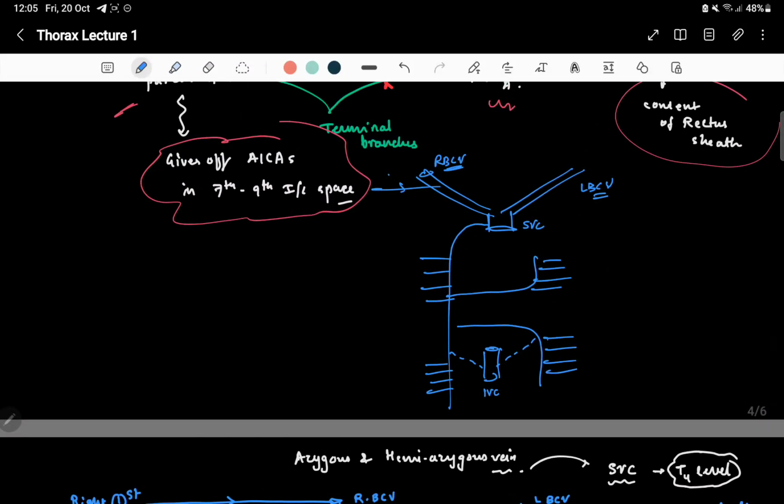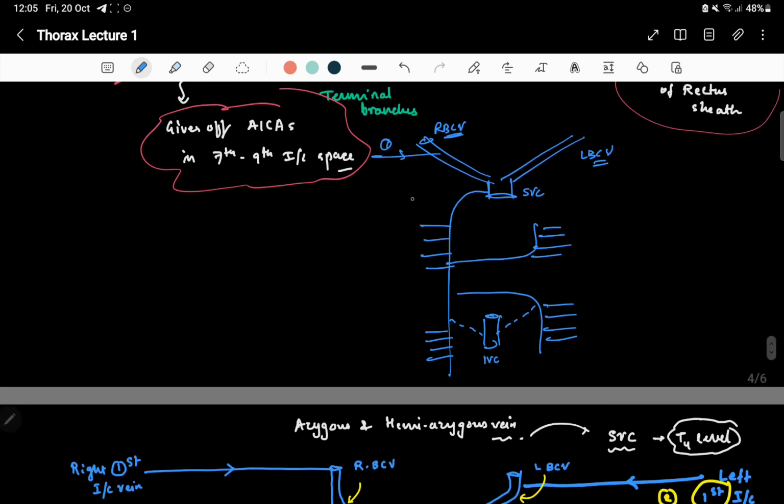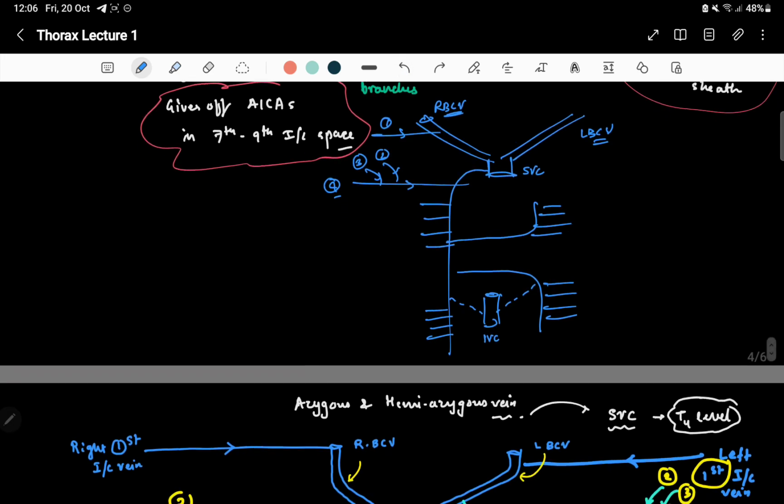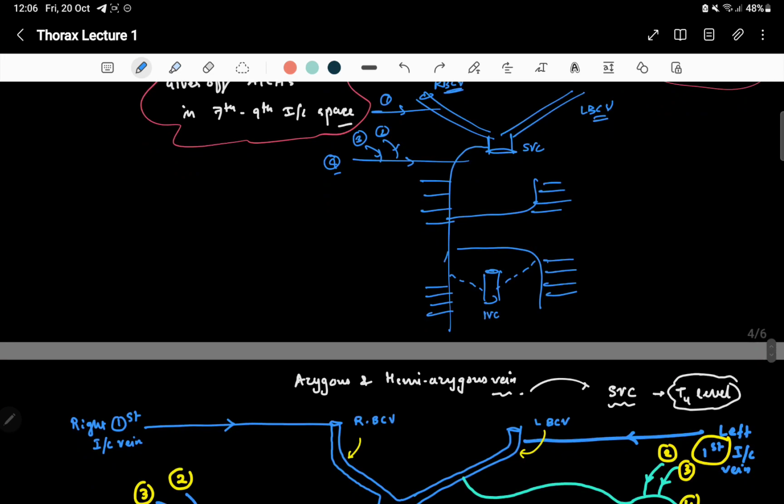Here the first rib drains into this, and the fourth rib drains into this. The second and third drain into the fourth intercostal vein, okay, which drains into this part. This is your azygous vein, this whole part is your azygous vein, okay.